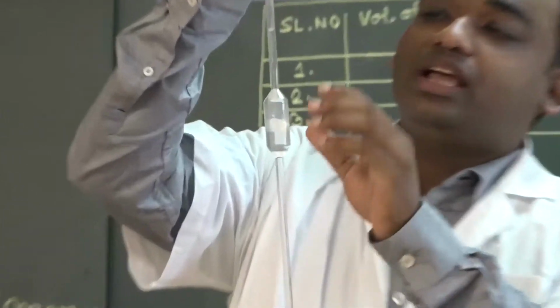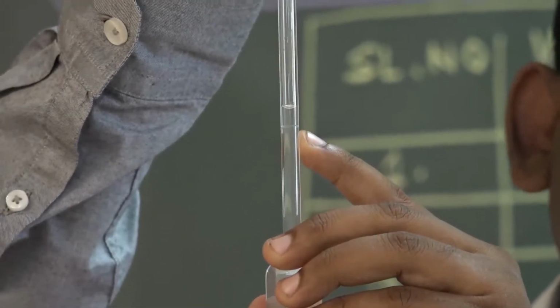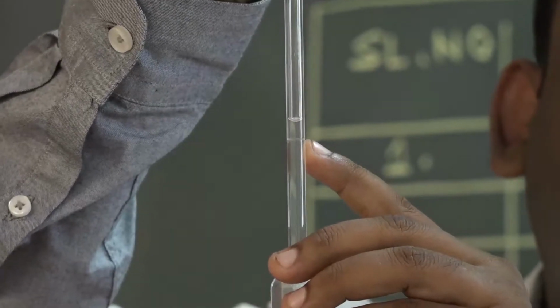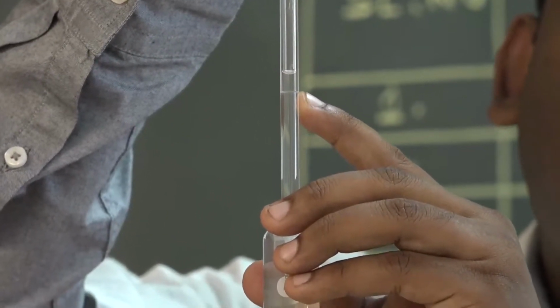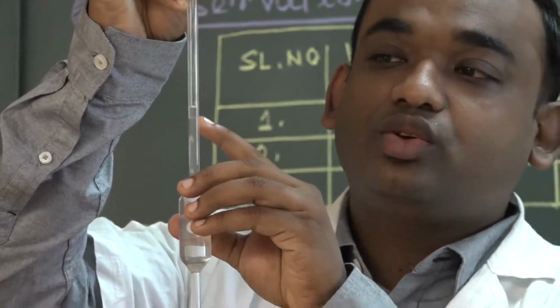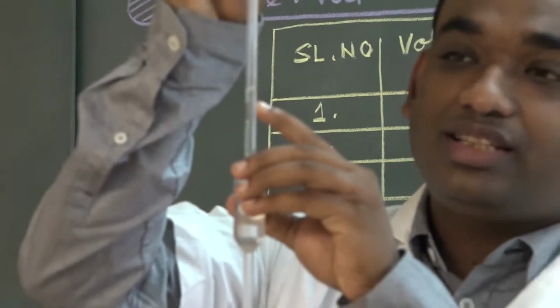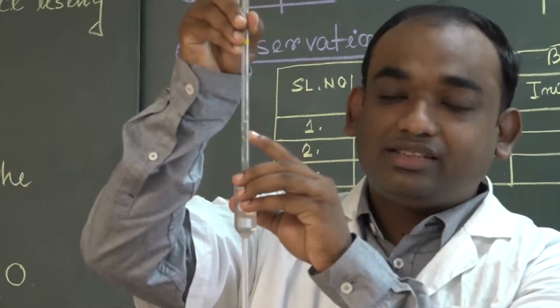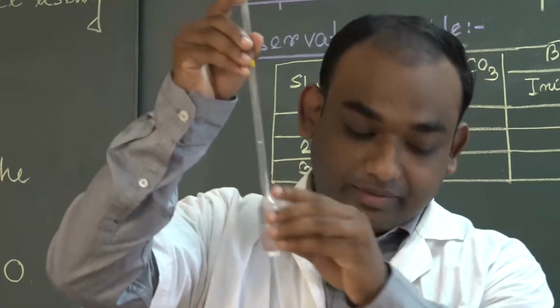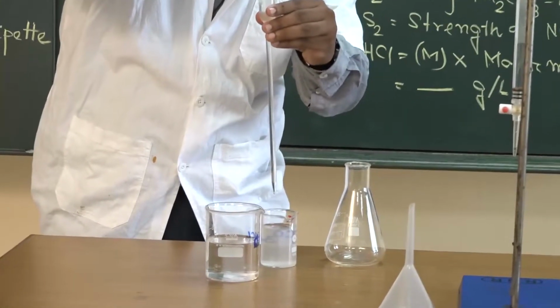Look students, there is a mark. We have to maintain the solution up to this mark, but for right now I have taken a little higher amount. Now we have to adjust it. So I am now adjusting the volume up to this mark. This mark will give you the exact 20 ml mark. So students, I am now just adjusting.